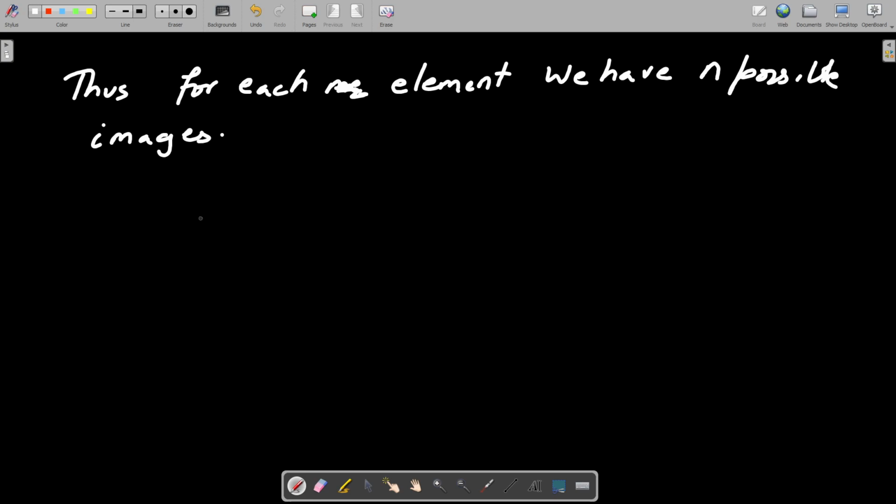The first element can be associated to n choices, the second element also can be associated to n choices. Maybe it's a constant function where all elements go to the same element in the codomain. That can also happen. So n choices for the third element also, and so on. How many times is this going to be? m times. So this gives me the answer as n raised to m choices.